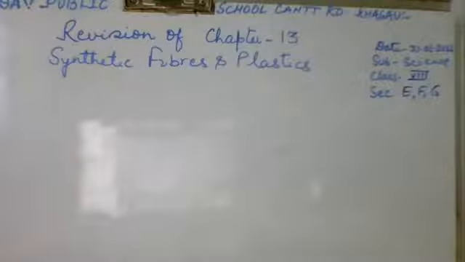Ananya. Natural and synthetic fibers are made up of simple molecules that are known as monomers. Okay. Then what is polymerization, Navya? The process by which a polymer is made by joining a large number of small molecules is called polymerization.